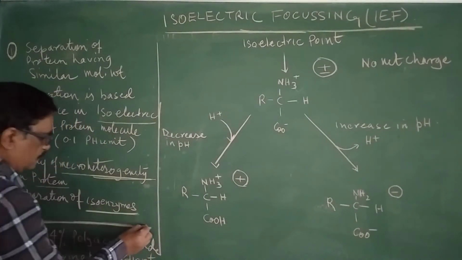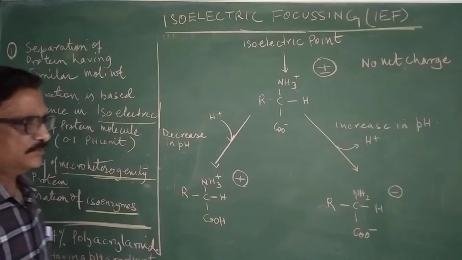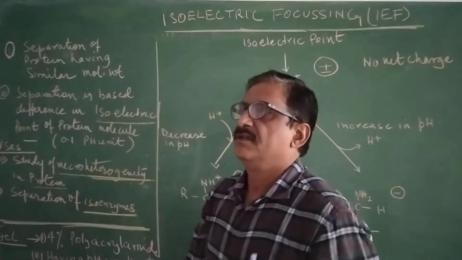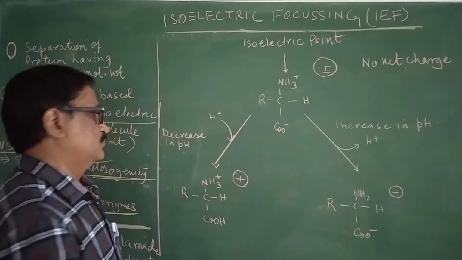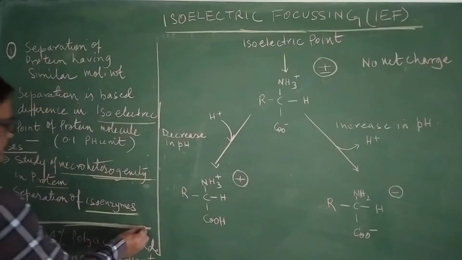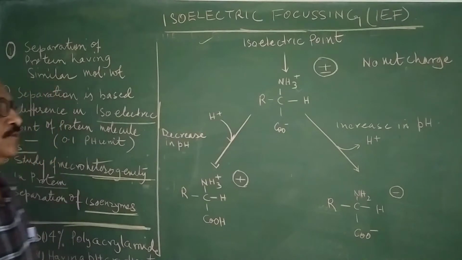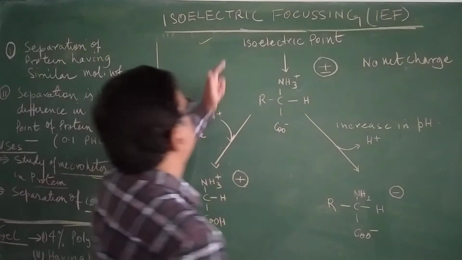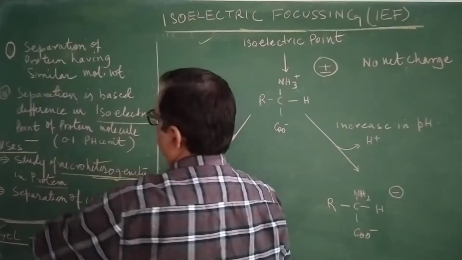For example, carbonic anhydrase and lactate dehydrogenase are isoenzymes. These enzymes can be separated by isoelectric focusing. So the process is based upon the isoelectric point of protein.